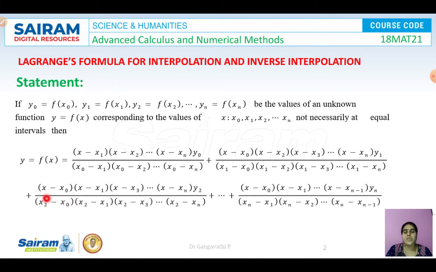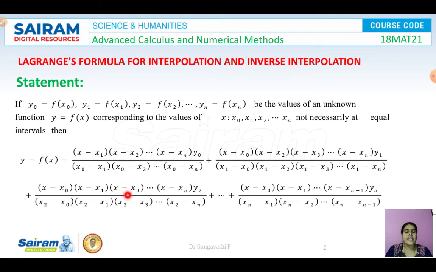And the next term would be x minus x naught. By looking at these two terms, you must have guessed what the next term should be. It is x minus x naught, x minus x1, x minus x2 is missing, x minus x3 and so on up to x minus xn, by x2 minus x naught, x2 minus x1, x2 minus x3 and so on, x2 minus xn into y2. So for y2, the corresponding value of x was x2.